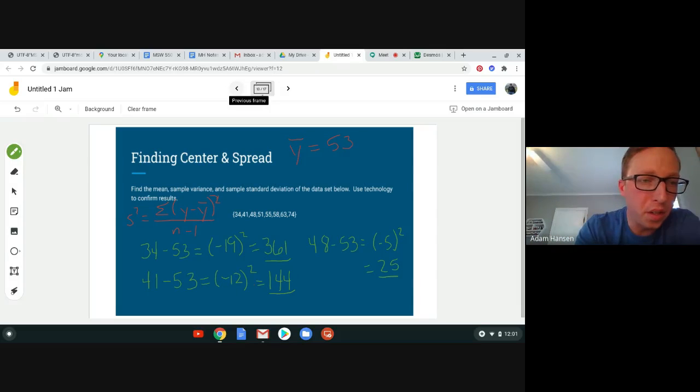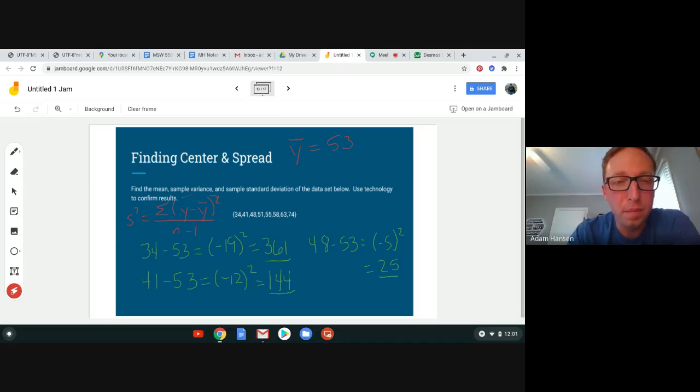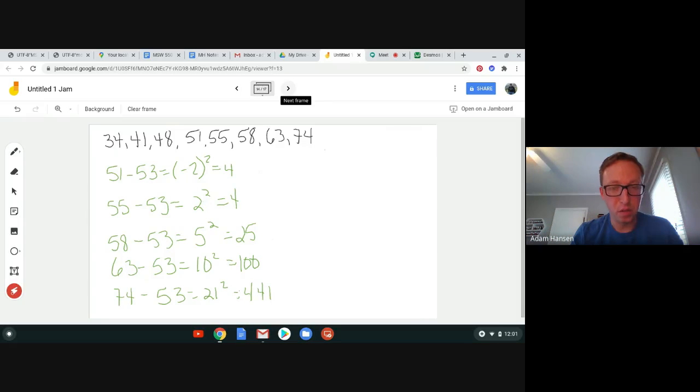Looking back at our formula here, we've now got this part done. We've got the differences from the mean squared. Now I'm going to add them all up, find the summation, and then divide by the number of degrees of freedom. In this case, I have a data set of size 8. So we'll have 8 minus 1, or 7, degrees of freedom. So we're going to add 361 plus 144 plus 25 plus 4 plus 4 plus 25 plus 100 and 441 to make 1104.